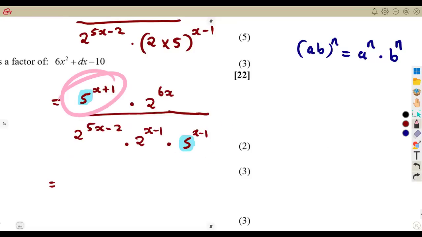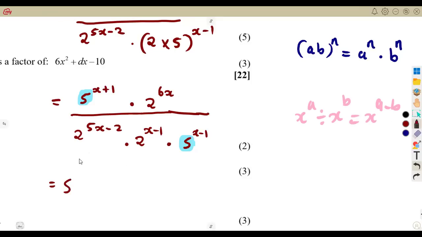So remember your division, you're supposed to subtract your exponents. If you are dividing, a minus b, you're supposed to subtract. So that is going to be 5 to the exponent of x plus 1, we subtract this exponent of x minus 1. That is the idea there. Under the same base, you're subtracting the powers.